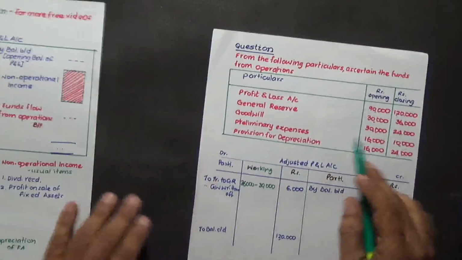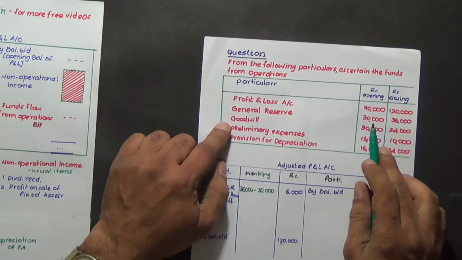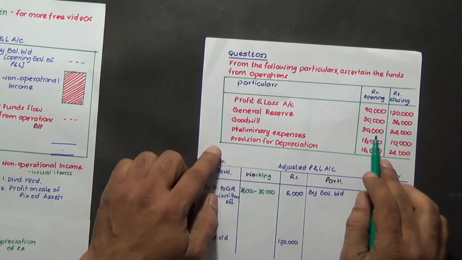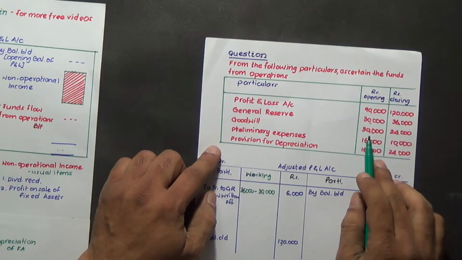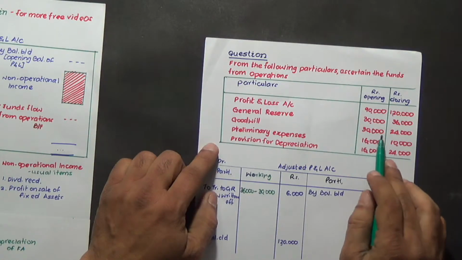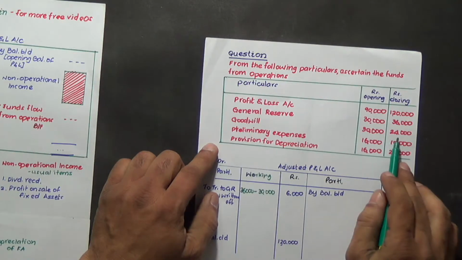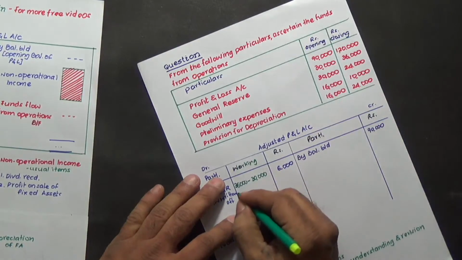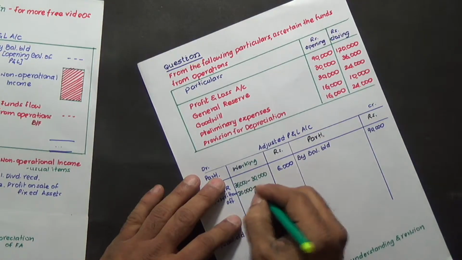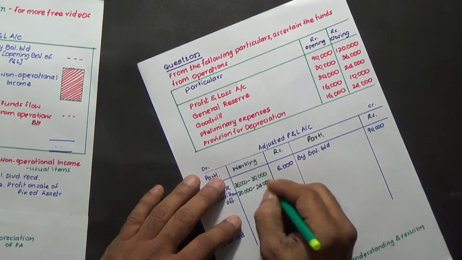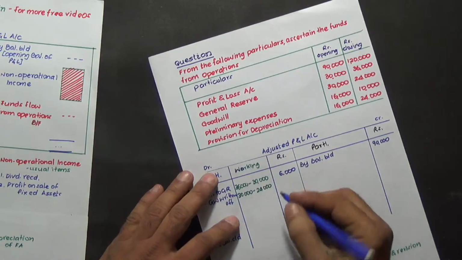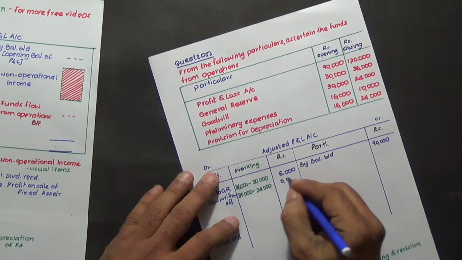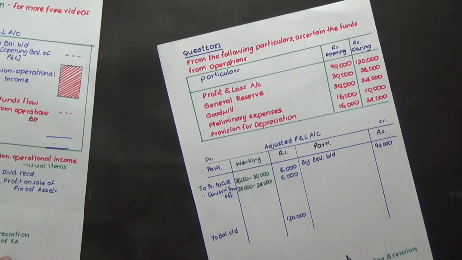Mind it, general reserve is a credit balance, it has gone up. Here, goodwill was 30, on the asset side, and it has become 24. The difference, 6,000, is written off. So 30,000 minus 24,000 is 6,000. That's the amount of goodwill written off.